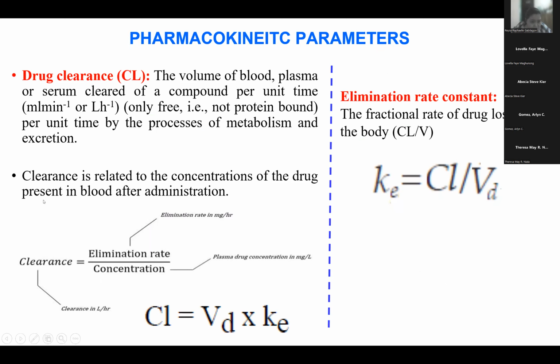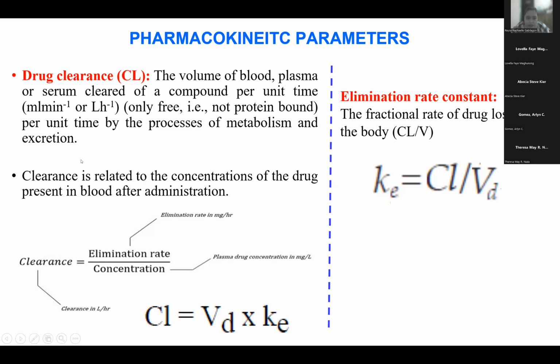So in computing for the clearance, we're going to use this formula. Clearance is equal to K over the concentration. So K is the elimination rate in milligrams per hour, and the concentration in milligrams per liter.